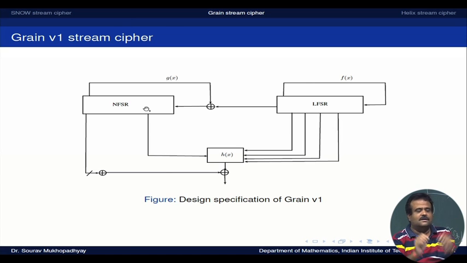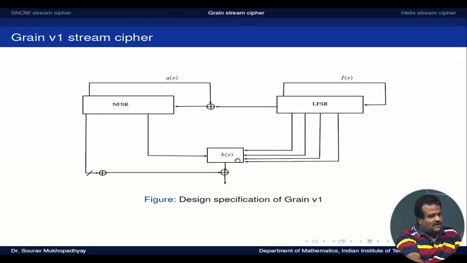The connection is that this output is a nonlinear output. Each of these is 80 bits. So this is an 80-bit LFSR, and this is also an 80-bit register. The NLFSR is updated by the function g, and the LFSR is updated by the function f.